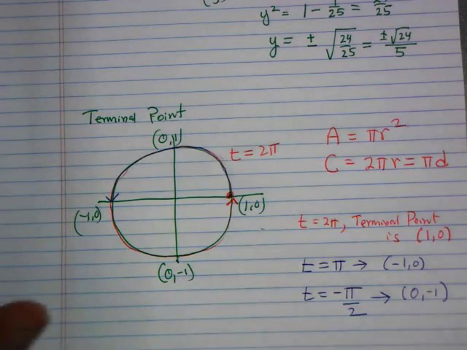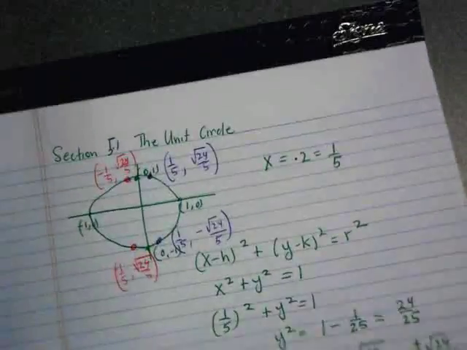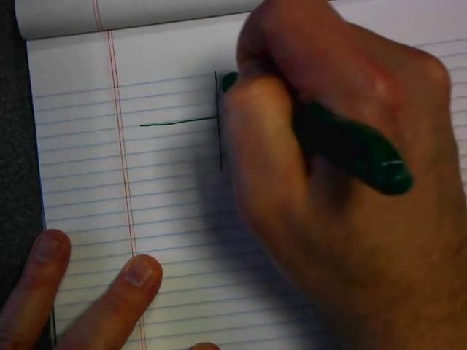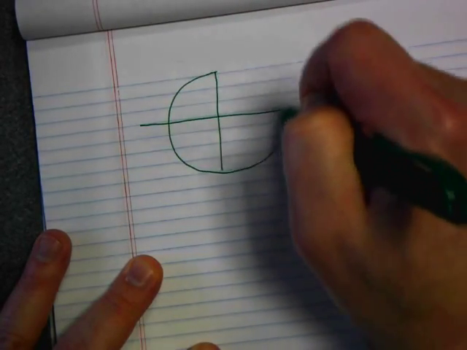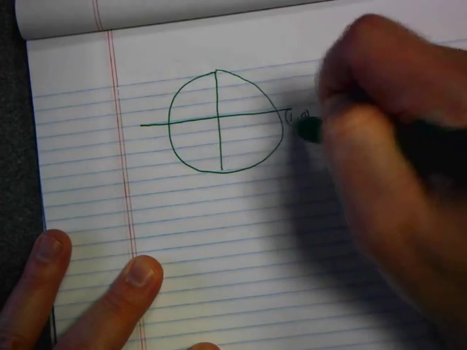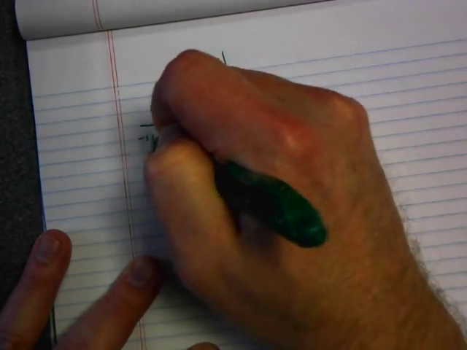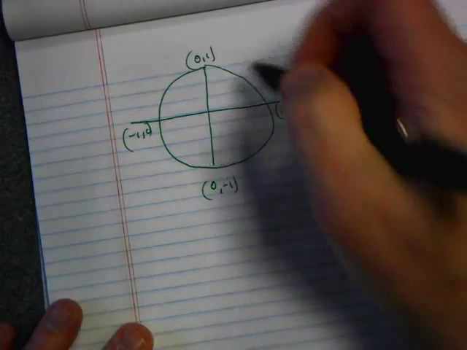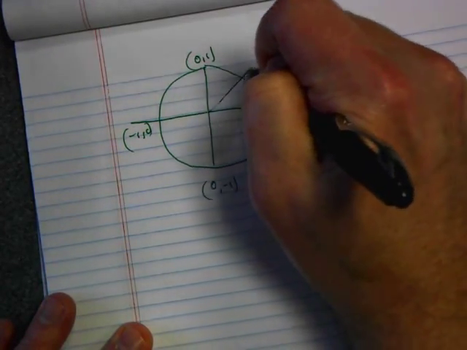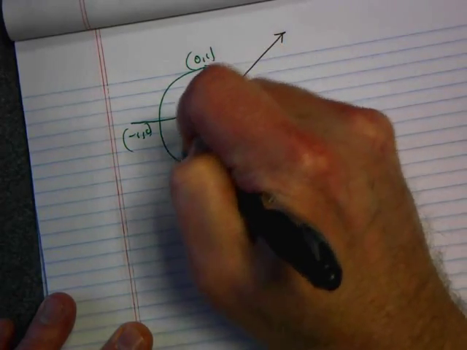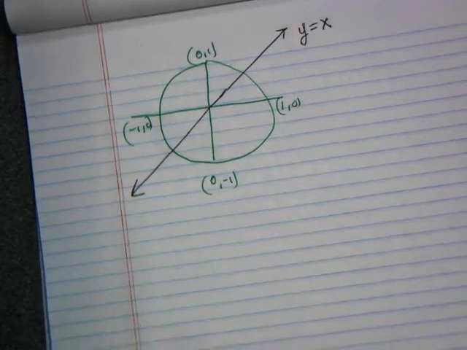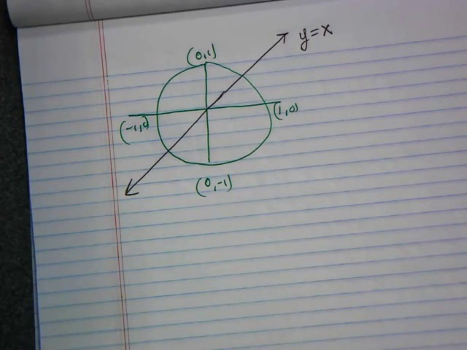All right, now there are some other very famous terminal points. Redraw my circle. What if I drew that line right there? That's the line y equals x.